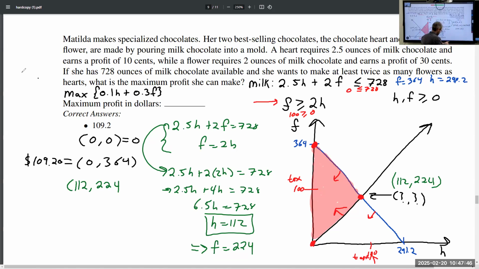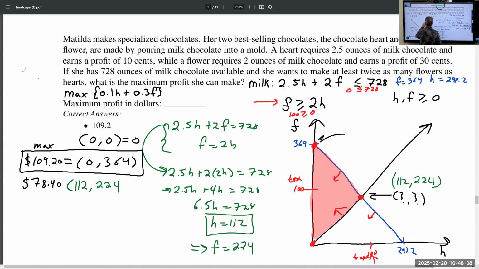And then 112 times 10 cents plus 224 times 30 cents is $78.40. So it seems like this was the winner. And that was located here. But my guess would have been where it intersected. That's my guess, just in the context that it is a math homework problem, that's usually where it lies. So we found that it's $109.20.